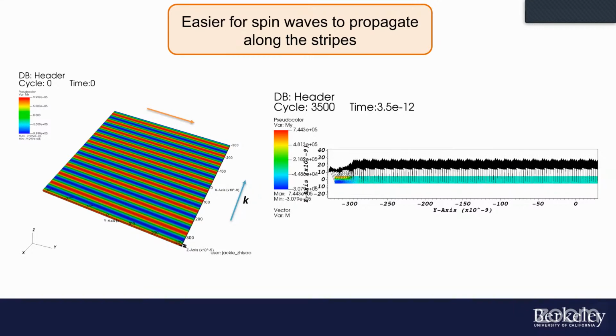You have a very normal looking dispersion, even though all your spin directions are moving this direction, everything's ferromagnetically coupled. Again, we haven't calculated a dispersion that we think is reasonable for moving in the other direction.